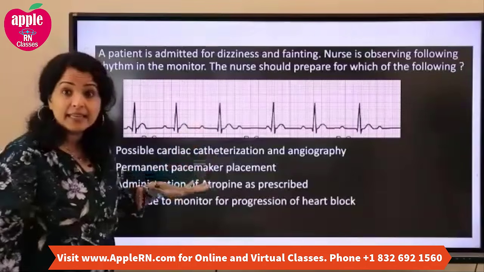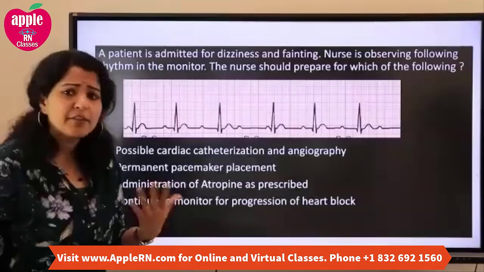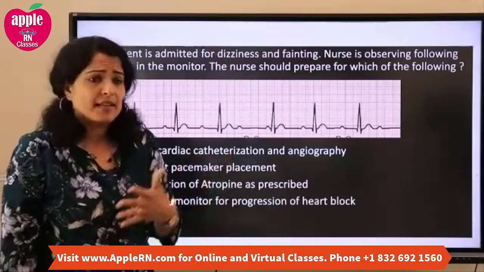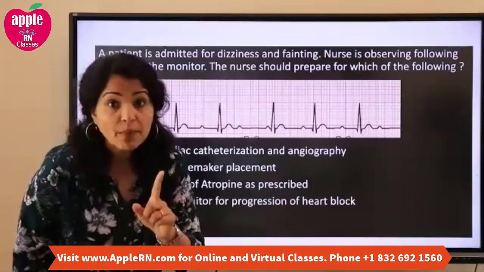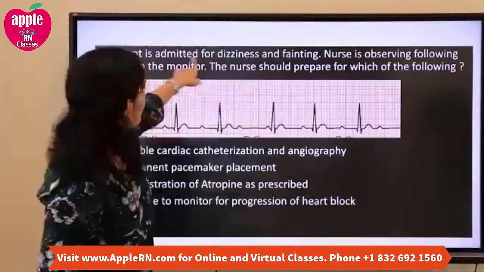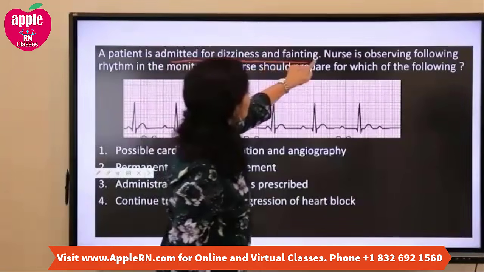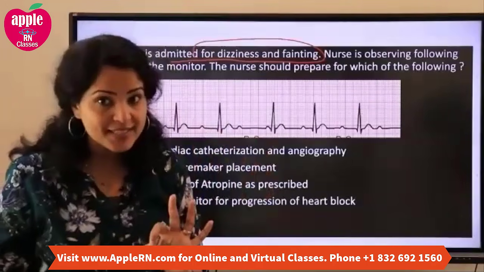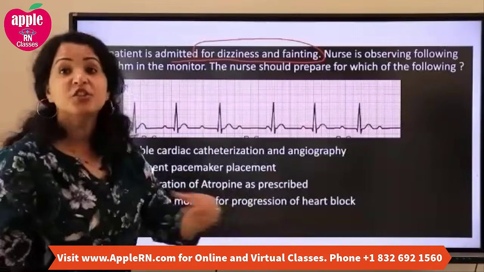because you were thinking, this is second degree type 1. And we said, if it is second degree type 1, sometimes there is no problem. We will just continue to monitor. But the problem here is the patient is already having symptoms. See, if that was not there in the question, I would have selected maybe number 4, continue to watch.